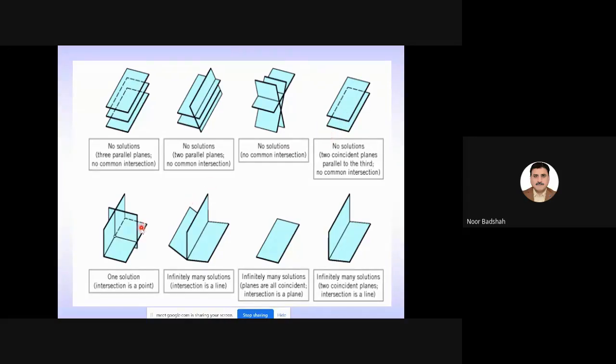right? And if the three planes intersect in the following way, if they intersect at one point, if this is one plane, this is another plane, and this one is another plane, so they basically have a common intersection point, that is this one. So in this case, the system will be having a unique solution, right?